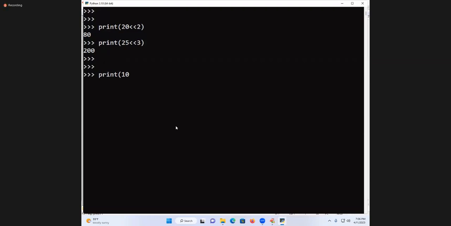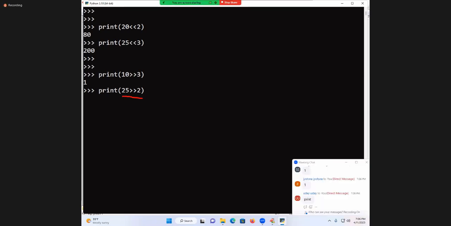Apply now, quickly. Print of 10 double greater than 3. The answer is 1. One more question. 25 double greater than 2. Answer please. What is this shift operator? Come on. Right shift.